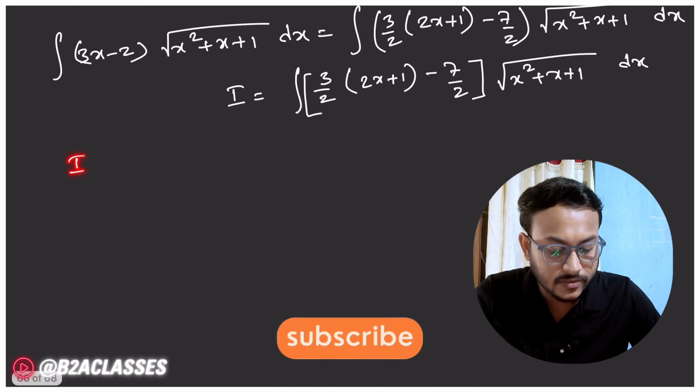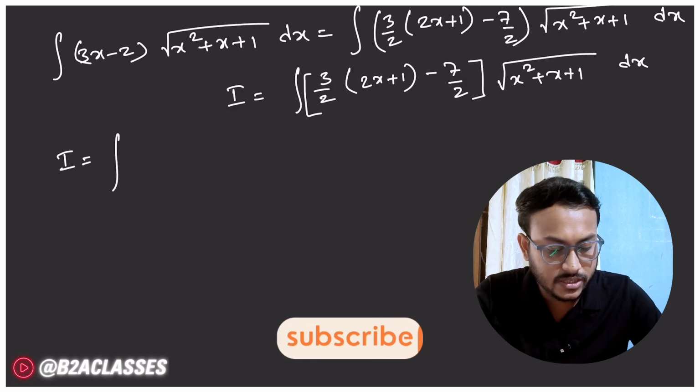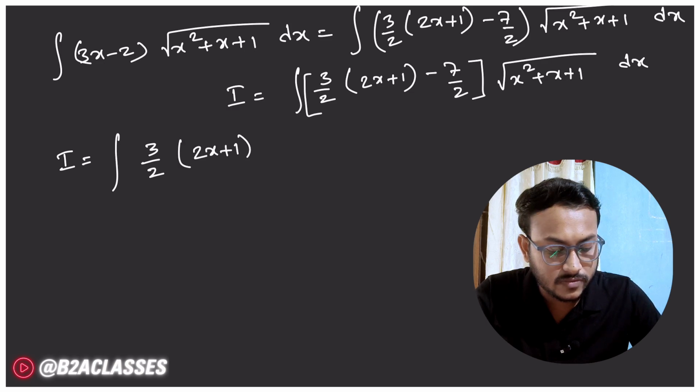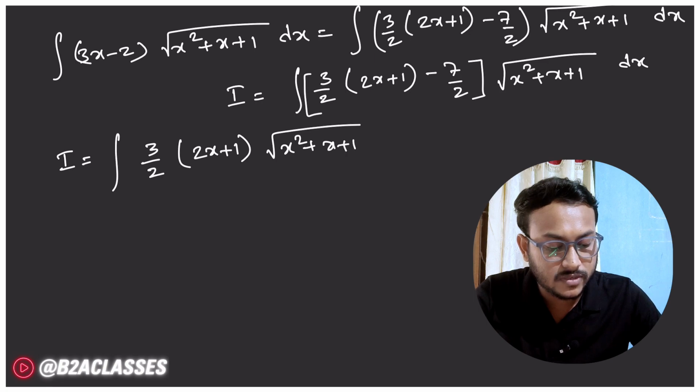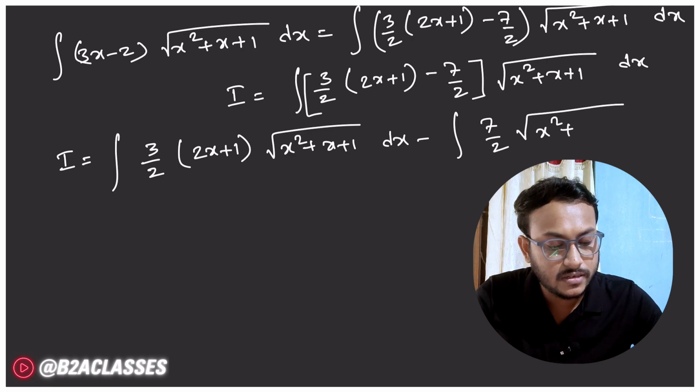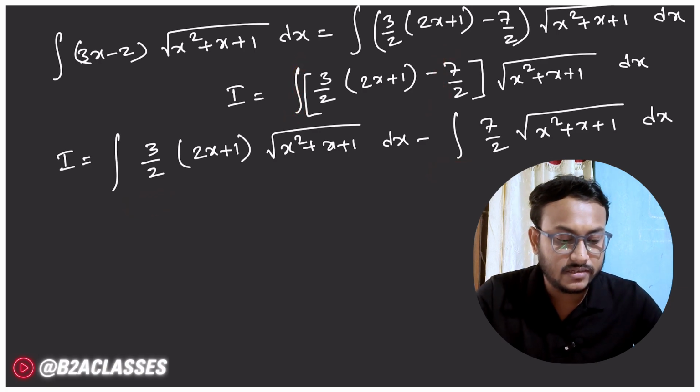Then I get I equals integration of 3 by 2 into (2x plus 1) into root over x square plus x plus 1 minus integration of 7 by 2 into root over x square plus x plus 1. I have multiplied with both terms and applied the integration on both terms.